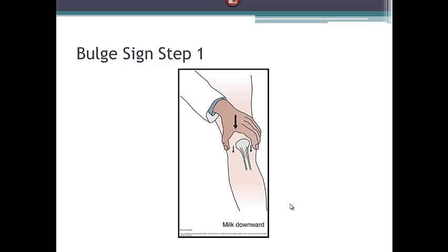So firmly stroke up on the medial aspect of the knee 2 to 3 times to displace any fluid if it's present. Tap the lateral aspect. Watch the medial side in the hollow for a distinct bulge from a fluid wave. The bulge sign occurs when there is a very small amount of effusion, for example 4 to 8 millimeters of fluid across the joint. So this is the representation of how you should examine for bulge sign.